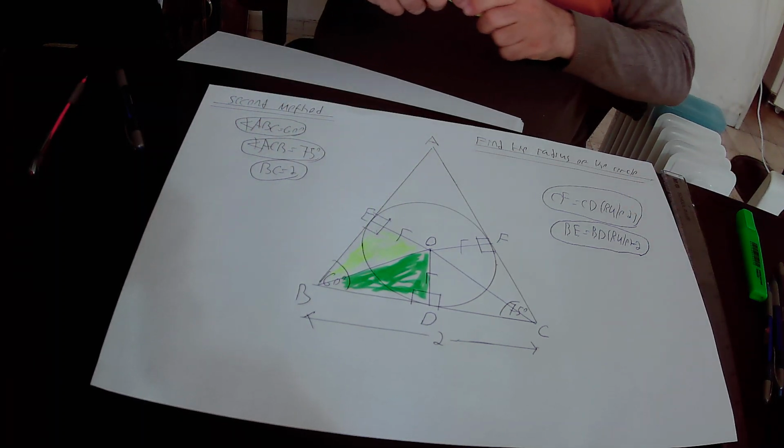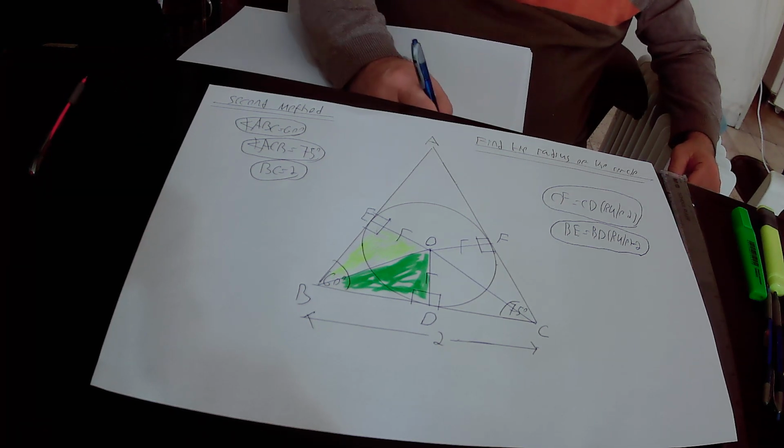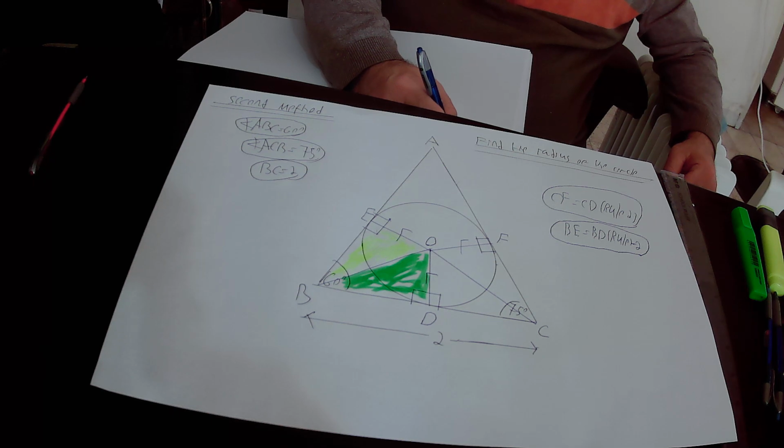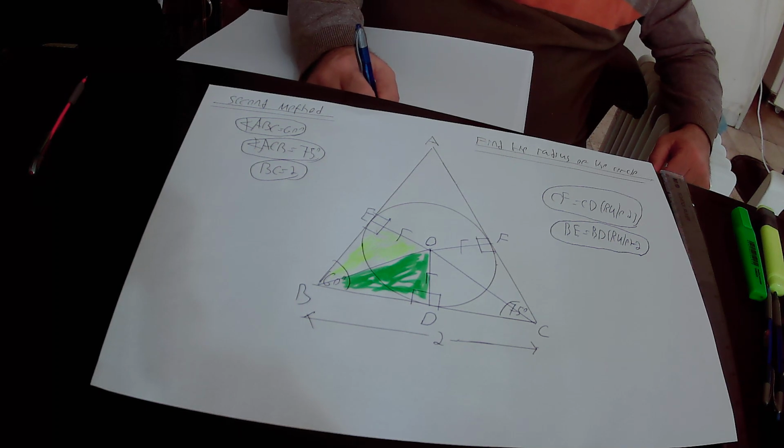So writing down, we prove that the green right triangle BOD is congruent to the right yellow triangle BOE.